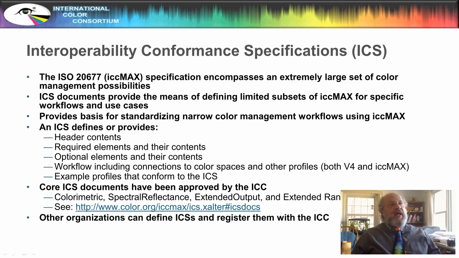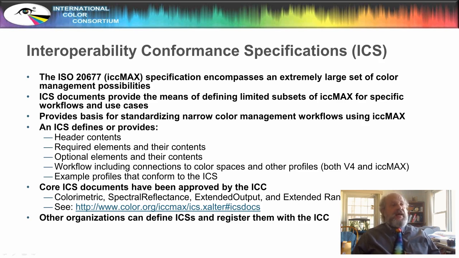ISO 20677, which is the standard that defines ICC MAX, encompasses an extremely large set of color management possibilities. An interoperability conformance specification document provides the means of defining limited subsets of ICC MAX for specific workflows and use cases. This provides a basis for standardizing narrow color management workflows using ICC MAX.